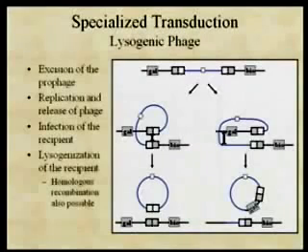Now, once this gets into the recipient, in this case, you do not necessarily require homologous recombination. All right? The reason you don't require it is because you've got lambda here that can catalyze this site-specific recombination event to get this into the recipient chromosome. So you don't have to have a reciprocal homologous recombination event.